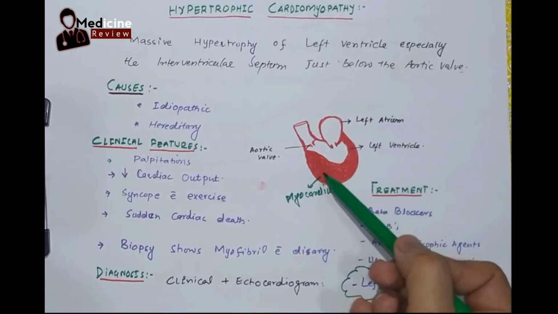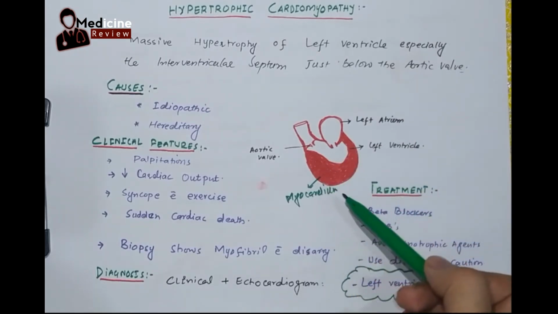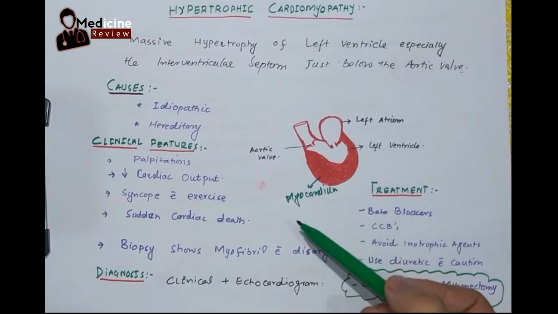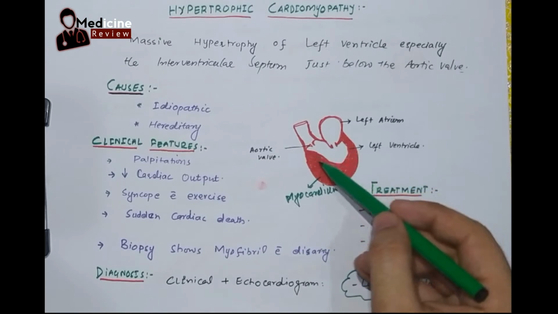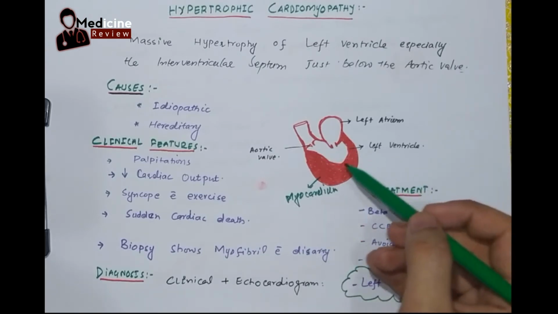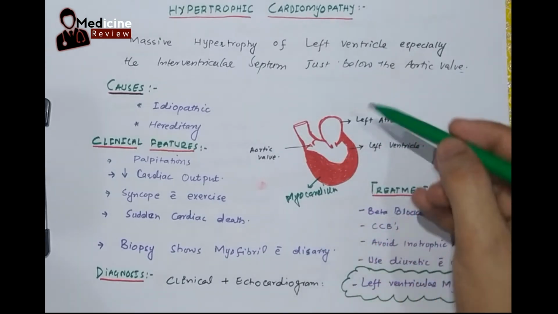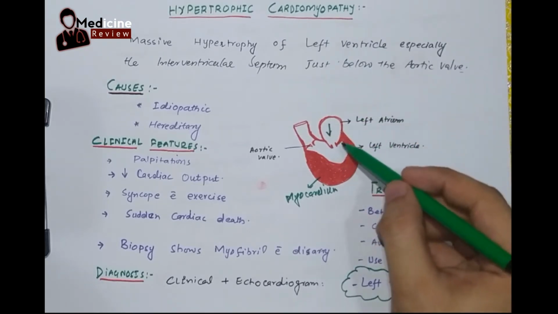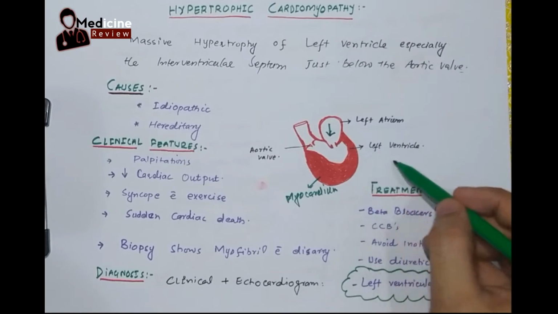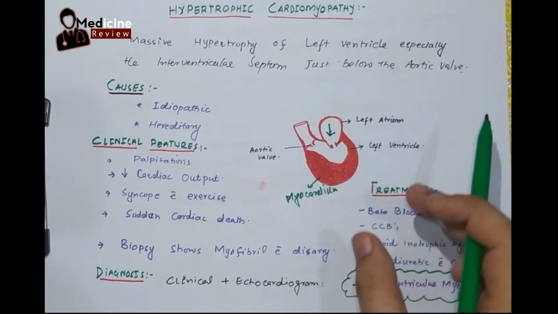If we look at the myocardium of the left ventricle, it is so hypertrophied that the lumen of the left ventricle becomes very small. So whenever the blood comes from the left atrium, the filling of the left ventricle is very reduced.